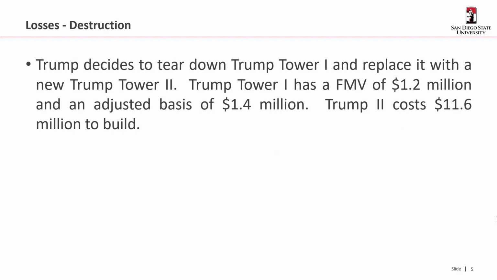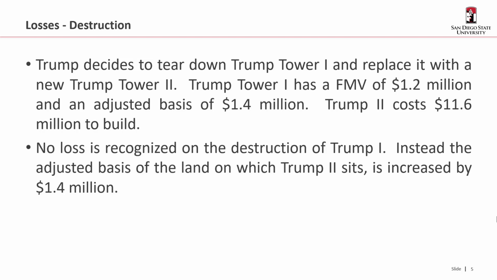Okay. So let's say instead that Trump decides to tear down Trump Tower 1 and replace it with a new tower that we're going to call Trump Tower 2. So Trump Tower 1 has a fair market value of $1.2 million and an adjusted basis of $1.4 million at the time it's going to be torn down. And Trump 2 costs $11.6 million to build.